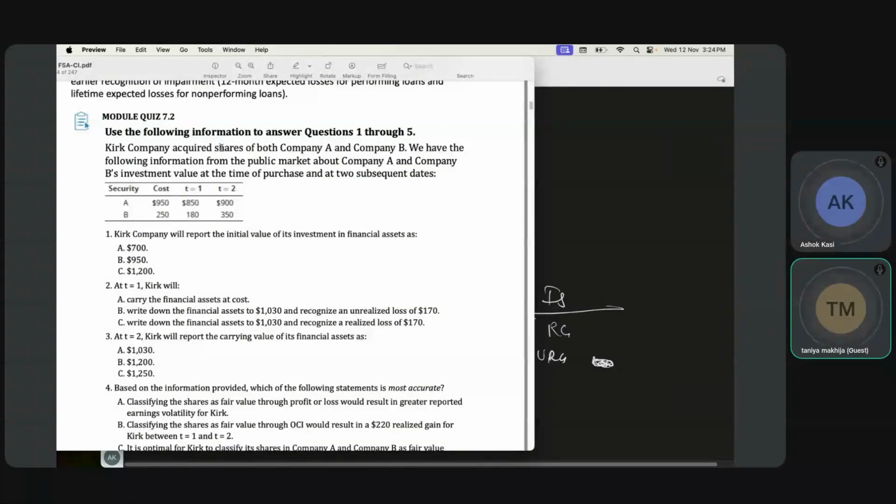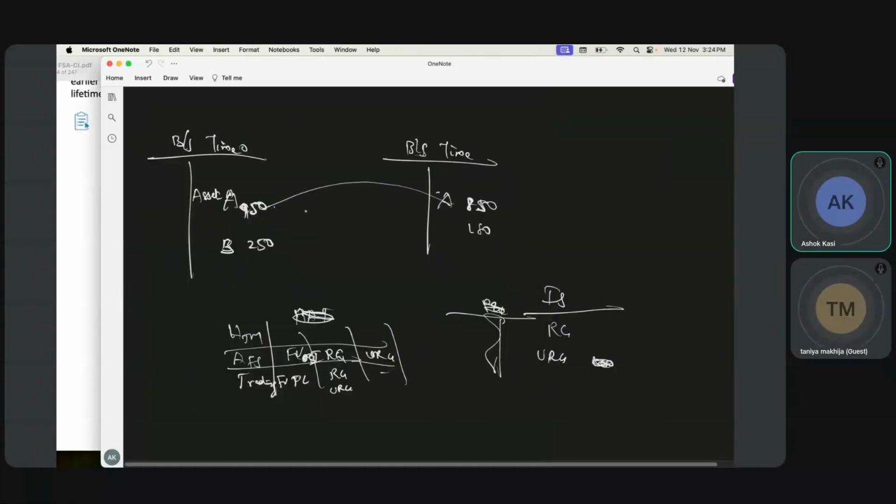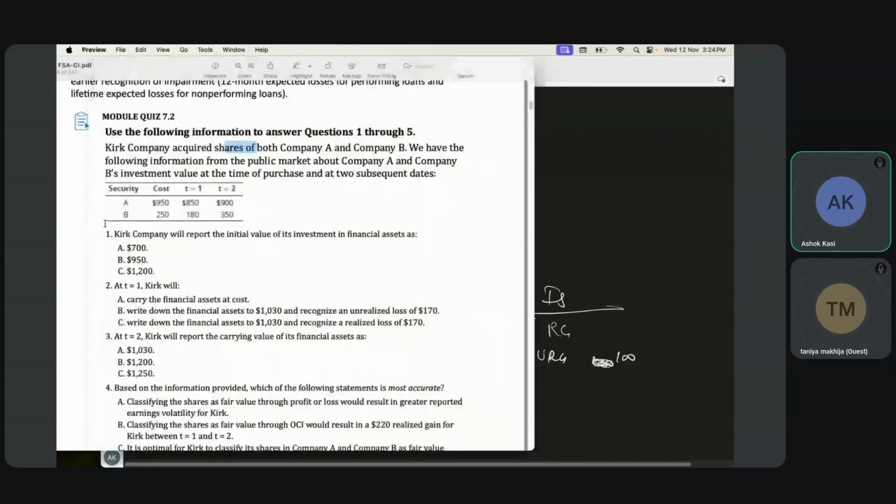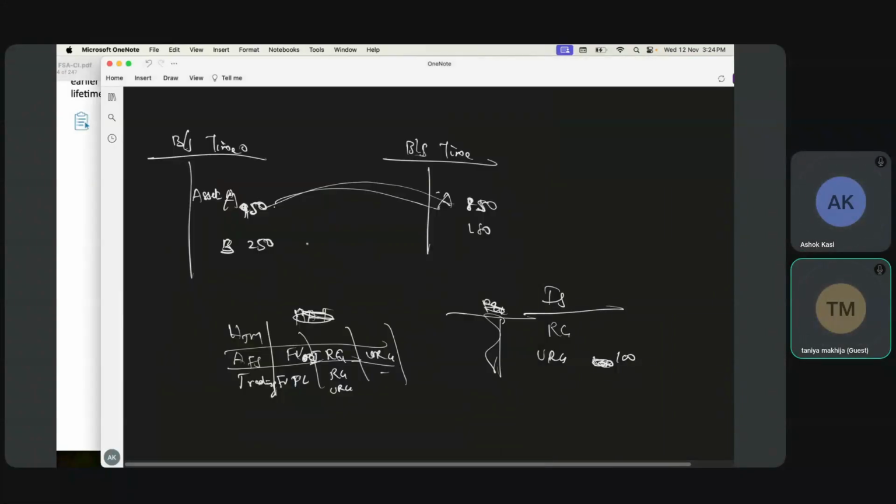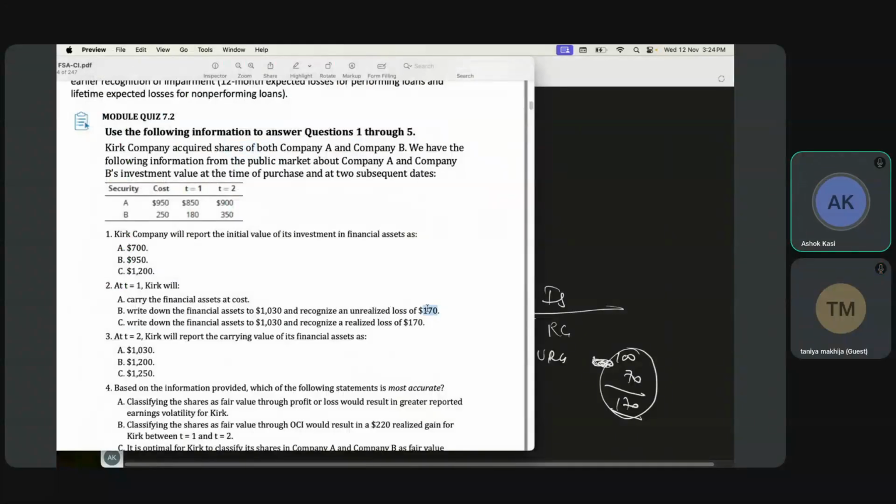This is completely unrealized only. In bonds, the difference would be realized, we calculate the difference from amortized value. Here there is no amortized value, and here it will be 70. So unrealized is 70 loss, 170 both sides.